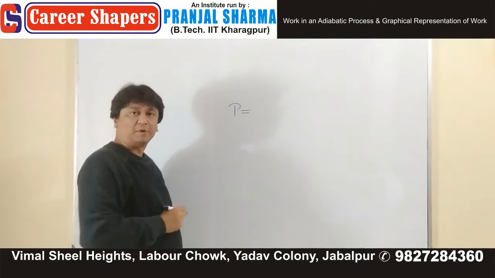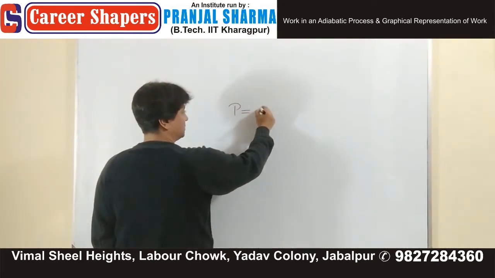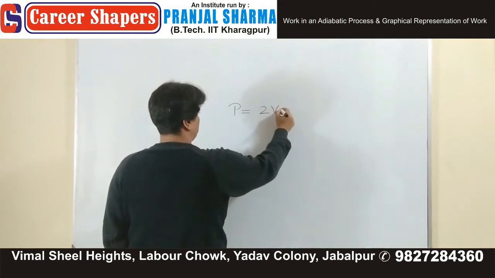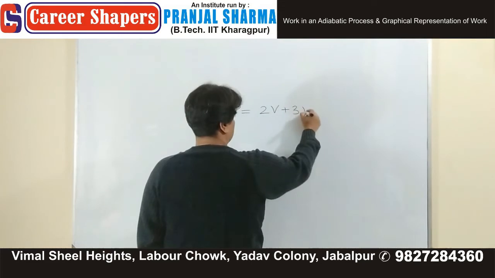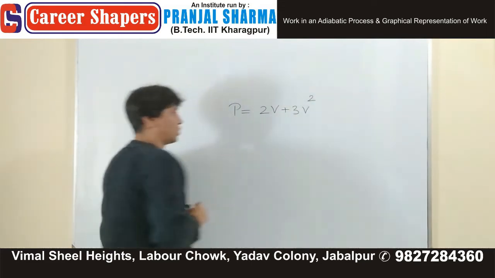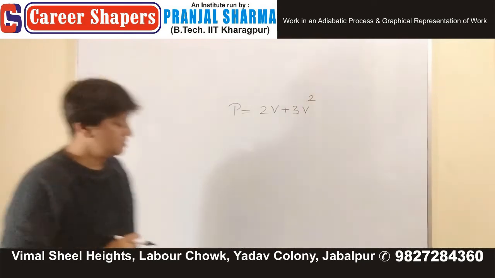For a thermodynamic process, pressure is given as 2V plus 3V square. That's how pressure is defined.